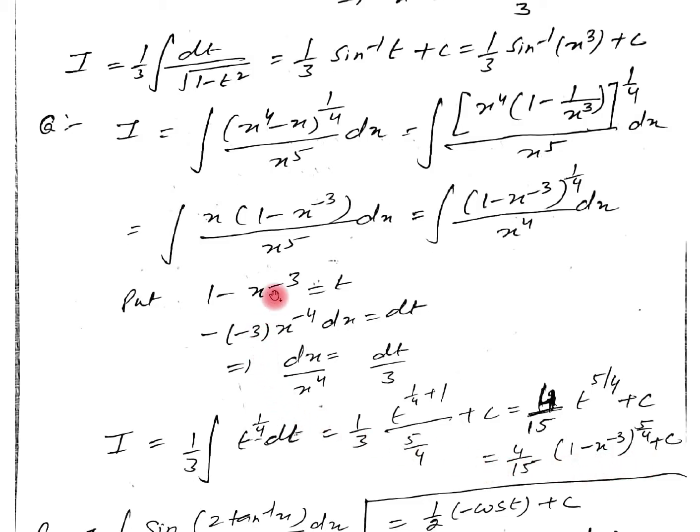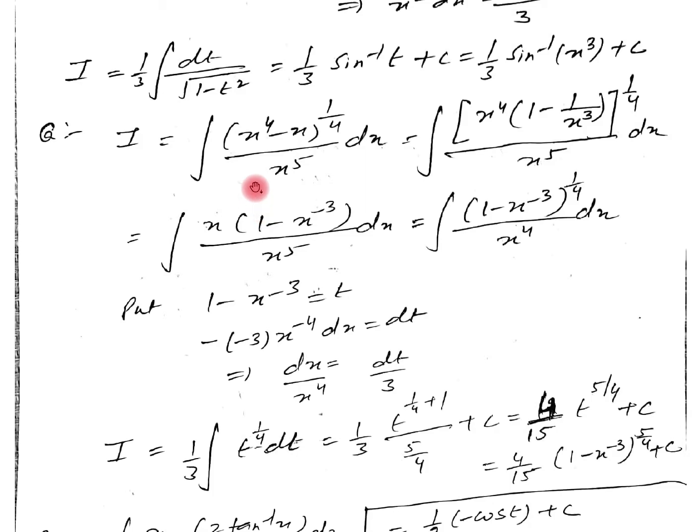See this question again. Somehow this is a typical question. Now we have to integrate this upon this, where the power is 1 by 4. First taking x raised to power 4 common from this bracket and keeping this power as it is, we get x raised to power 4 into 1 minus 1 upon x cube whole power 1 by 4.